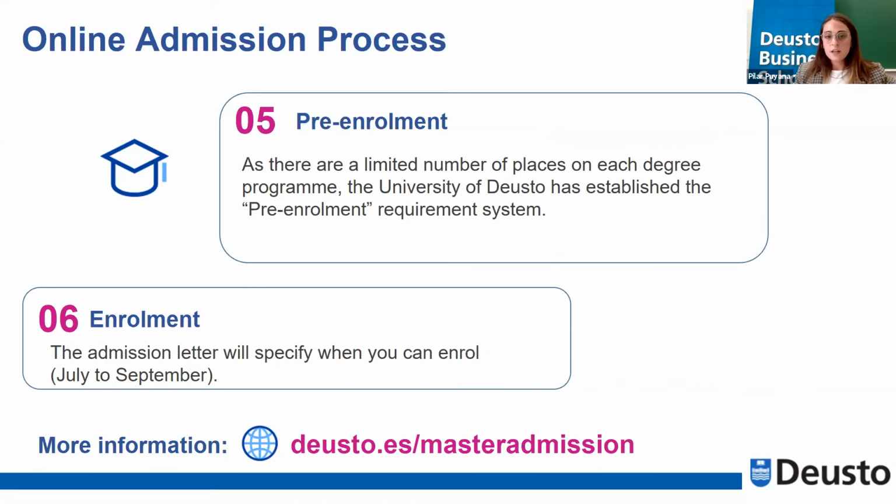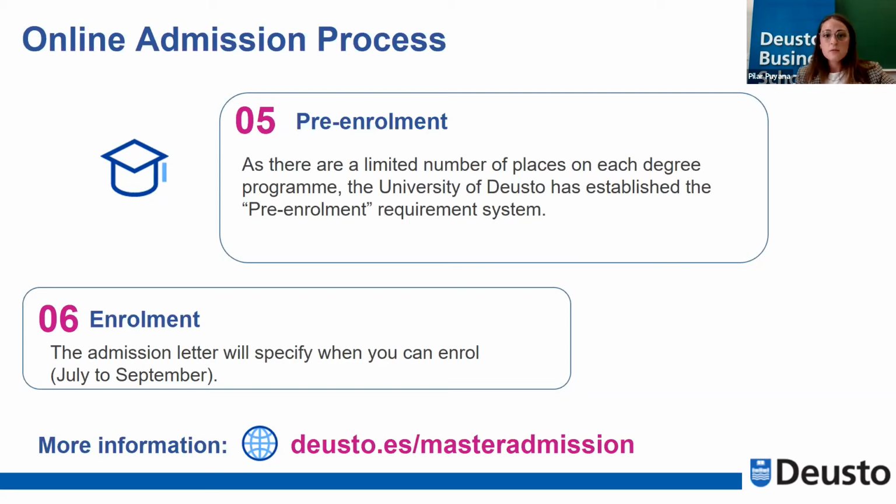After having received your admissions resolution, we pass into the pre-enrollment phase. As there are a limited number of places on each degree program, the university has established this pre-enrollment requirement system. Following the resolution of your admissions, you will receive a notice from our Secretary General regarding the window of dates in which you can complete this pre-enrollment phase.